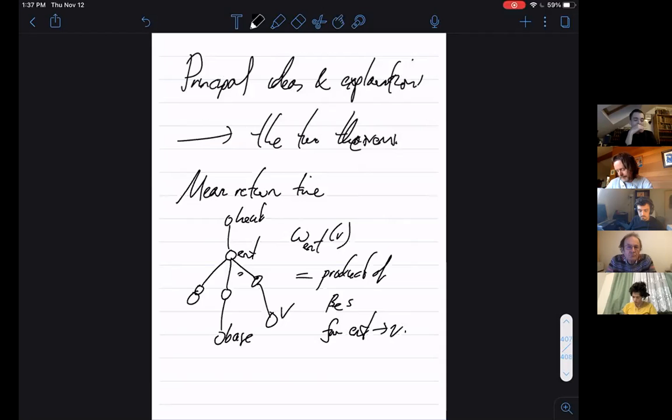Here I have E and E prime, those are the intervening edges, and each of these edges is decorated with a bias. So in this particular case, the value of this quantity I'm defining is beta E times beta of E prime. In general, the number of terms is the length of the route between the two locations. That's a definition made for every vertex V in the tree.